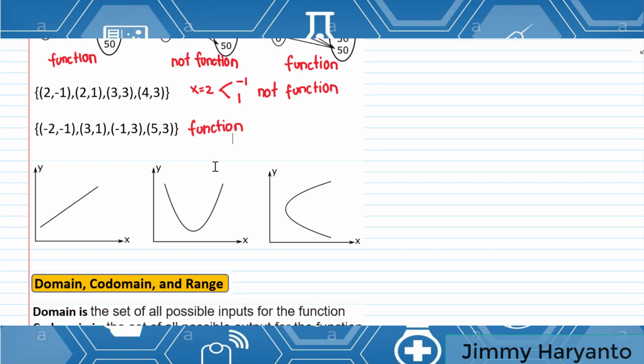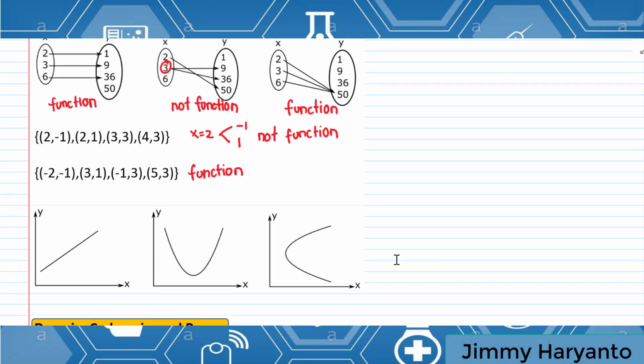Next, a graph. Determine whether this graph is a function or not, yeah. For this one, for the graph, yeah, you can use vertical line test. Okay, so you draw a vertical line like this, along the graph.